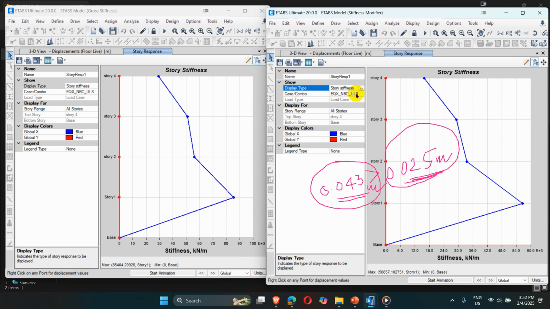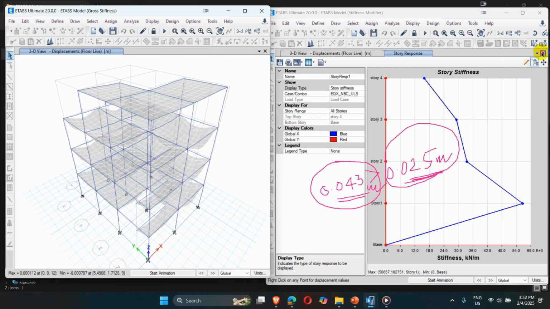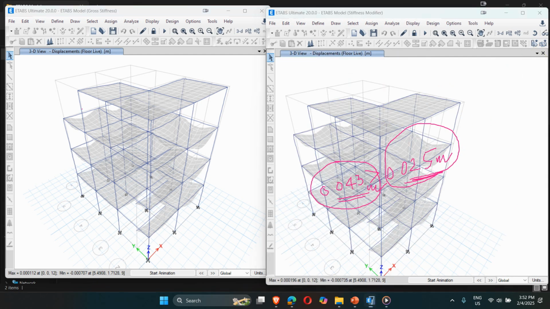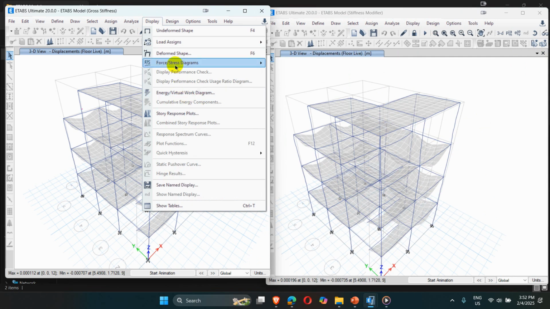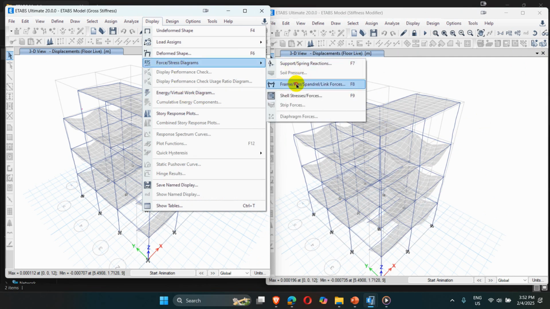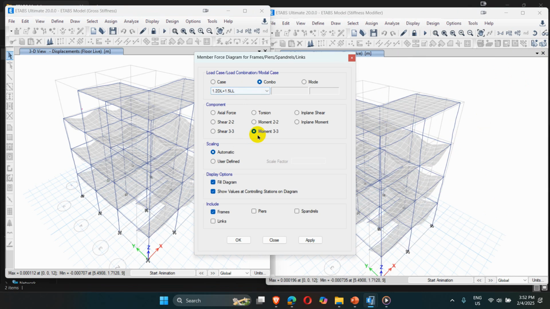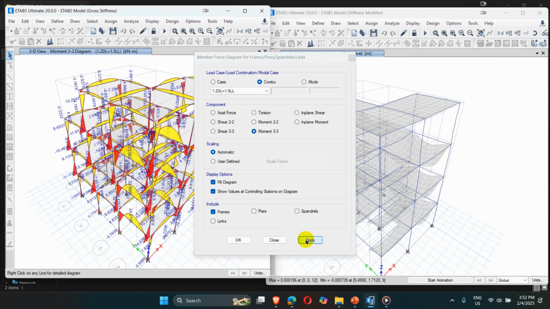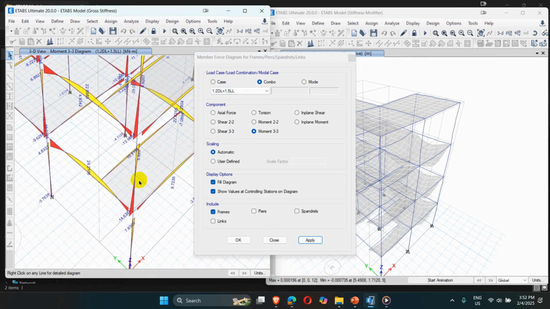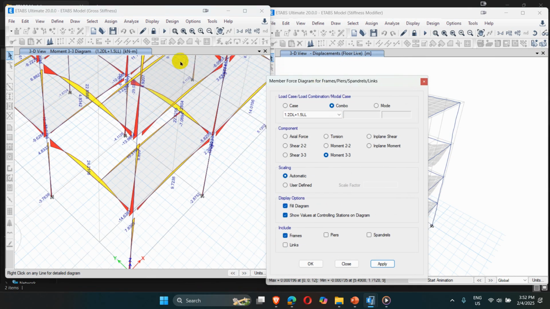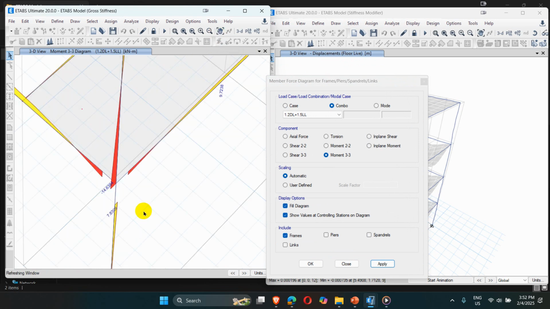Similarly, if we look into the forces, let me go to element forces, display force stress diagram, frame force, and let me go for moment.